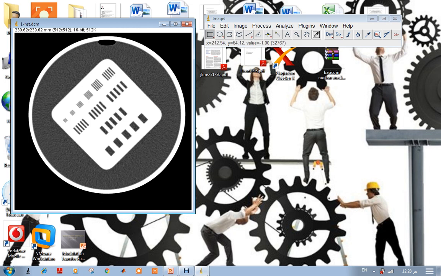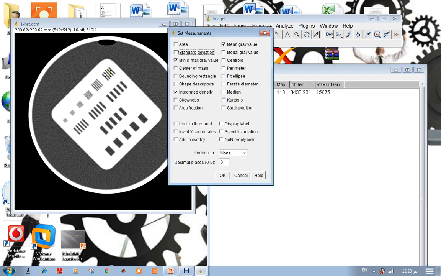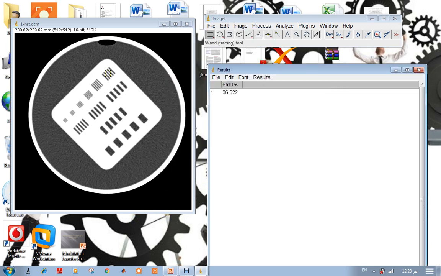So I will draw an ROI here using a square or rectangle. Press Analyze, Measure. You will get the mean and standard deviation. I need only the standard deviation, so I go to Results, Set Measurements. Okay, standard deviation for the first one.